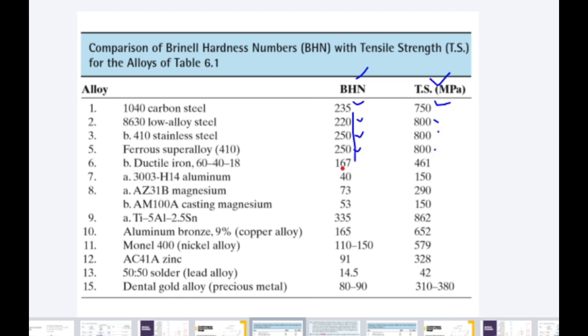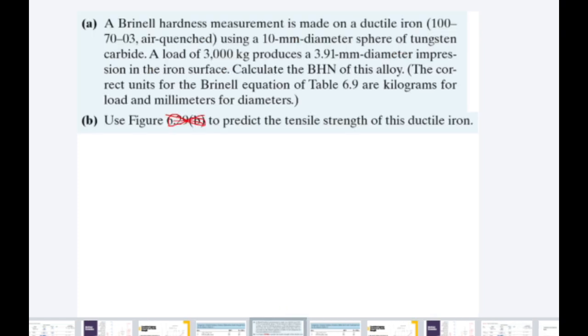So it is not arranged in proper order, like increasing to decreasing. You can see for 235 we have 750, while for 160 or 40 Brinell hardness number we have 150 and 461. So there is a relation, but don't look into this table as arranged in some proper order. No, they are random. For different materials, we have the hardness value and the tensile strength.